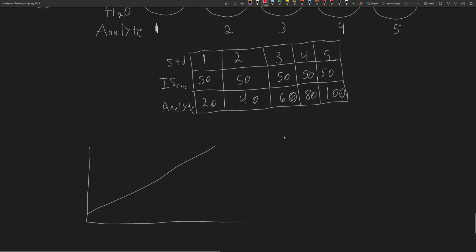And my internal standards, this line right here. This will be the IS. This will be the analyte.